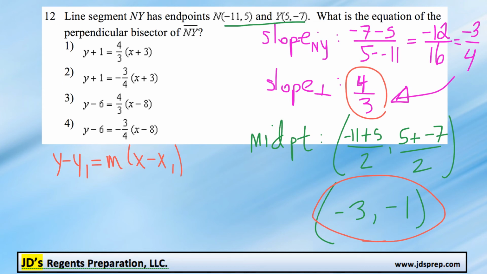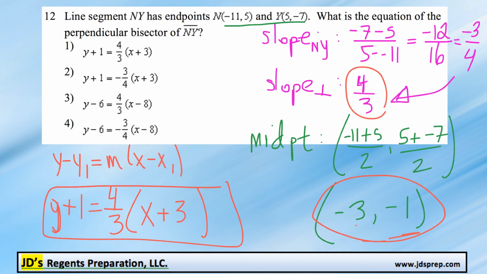So if we fill it out, our y1 value is negative 1, so it'll be y plus 1, equals our slope of 4/3 times x minus our x1 value of negative 3, so it'll actually be plus 3. And there you go. If we look for the solution that matches that, it would be option number 1.